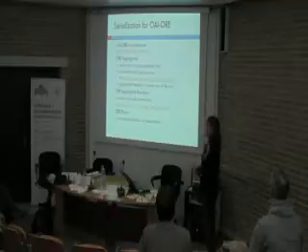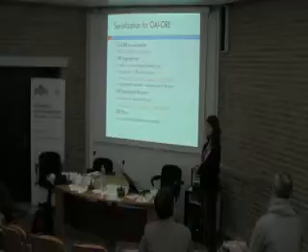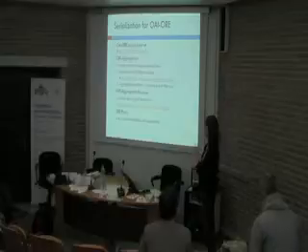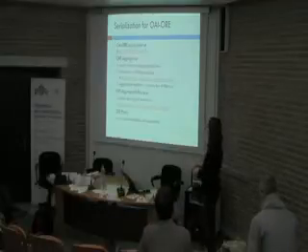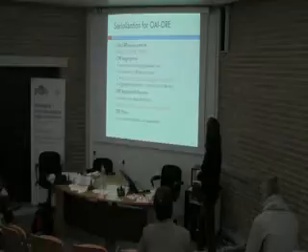So ORE features three main entities: aggregation, aggregated resource, and proxy. So to keep it short, we create one ORE aggregation for each package, so for each tree, and we encode it in a resource map, of course, as ORE asks.